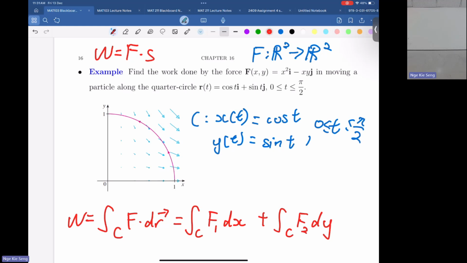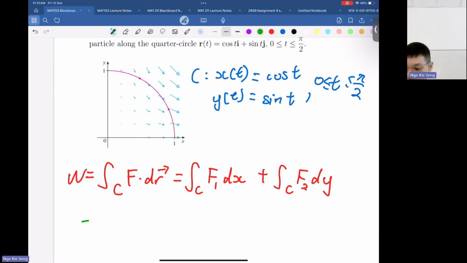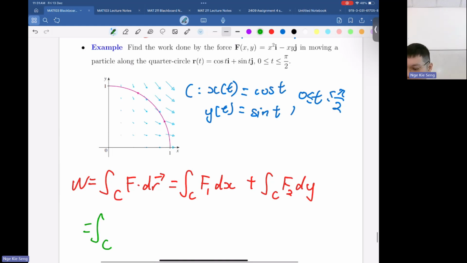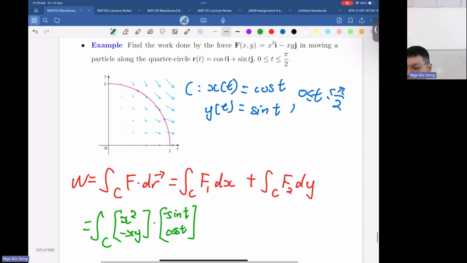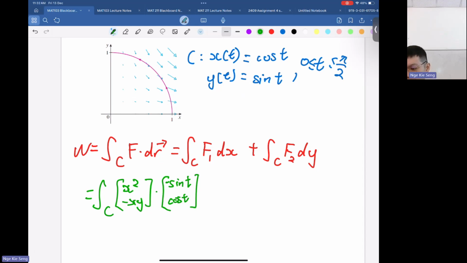If we really write it out, I can show you a general proof. If you write out what F is, x squared, minus xy, dot with dr. What is dr? We wrote out r, right? Differentiate this vector function. Remember how to differentiate? Differentiate term by term. So we get minus sin t, cos t. Good.